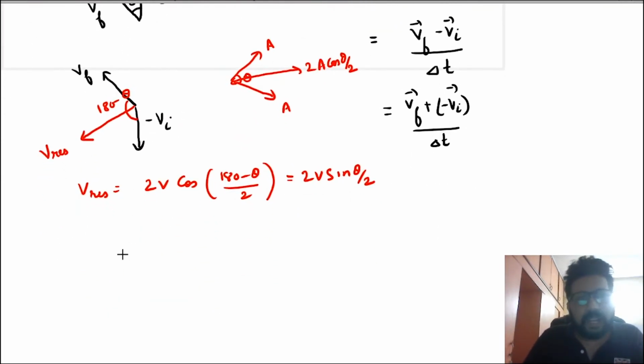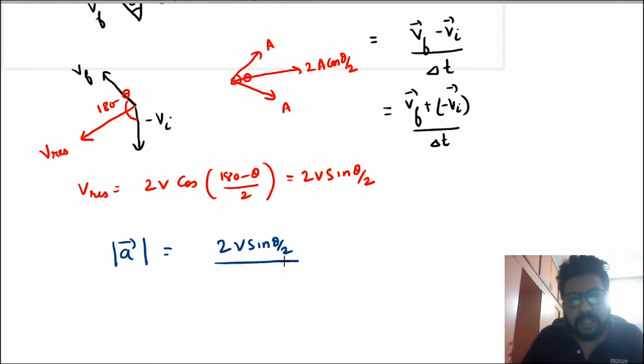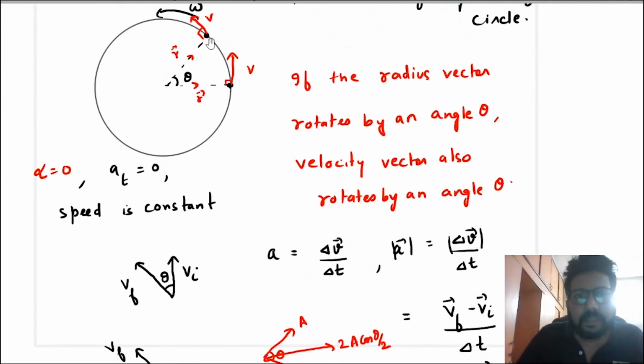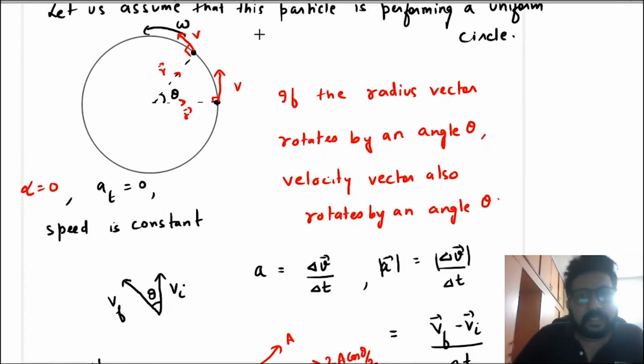Therefore you can write the acceleration magnitude is equal to 2v sin theta by 2 divided by delta t. Now if the particle has rotated an angle theta, then theta is equal to omega t because it is a uniform circle, and from this you get the time is equal to theta by omega.